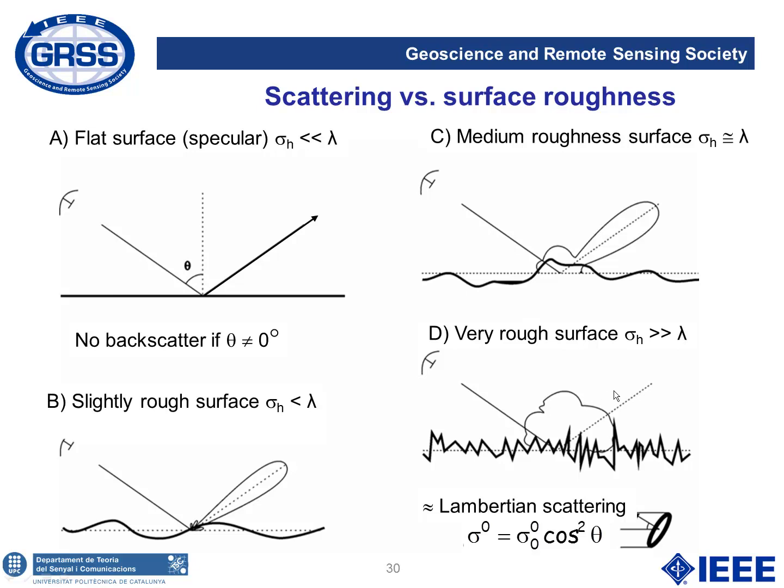If we increase the surface roughness even more, in this case, for example, the standard deviation is much larger than lambda, then the scattering diagram is very open, almost omnidirectional.